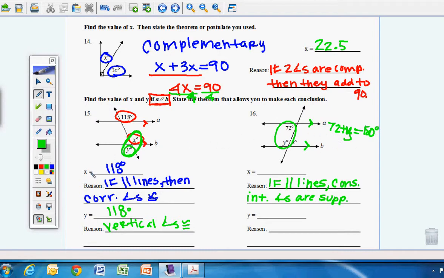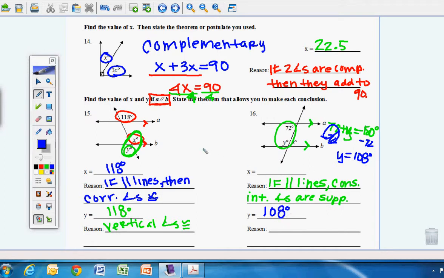Then I want to subtract 72 from both sides. So I have y alone, so this goes away. So y is going to equal 108 degrees. Okay, so y is 108 degrees.